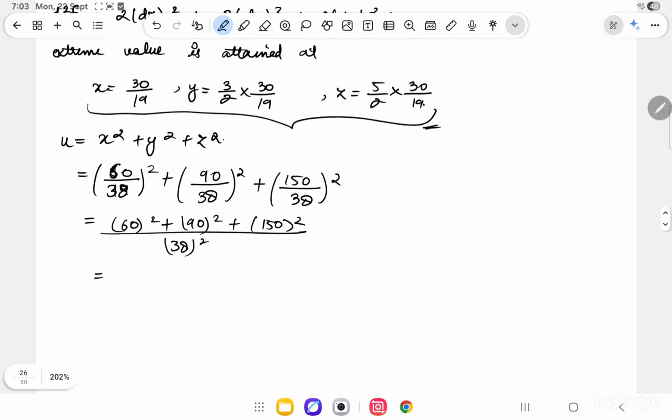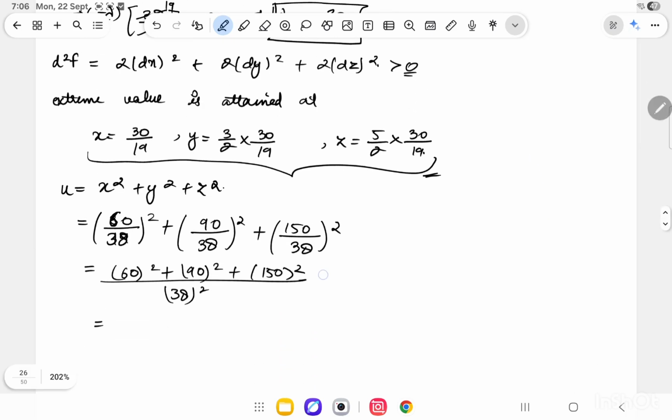So if you calculate it, this will be equal to 34200 divided by 4 into 19 into 19.